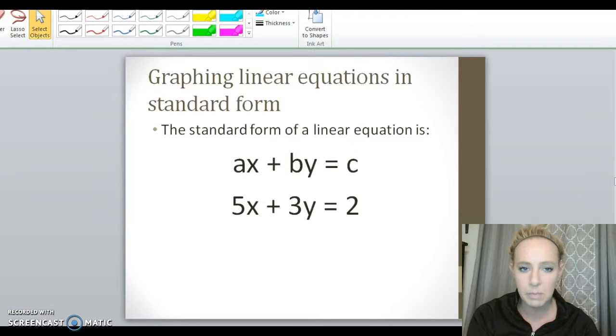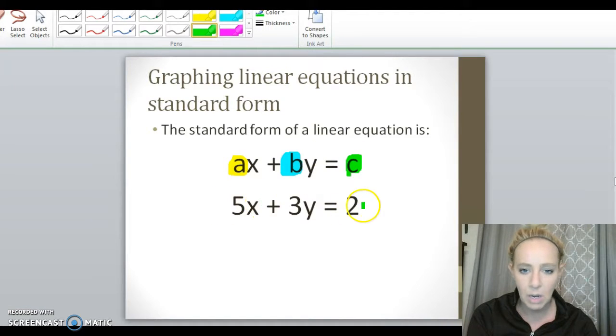Now we also have something called standard form. The standard form of a linear equation is Ax plus By equals C. Again, I know that sounds like Spanish, but I'm going to break it down a little bit for you. A represents some number, B will also represent some number, and C will represent a number.